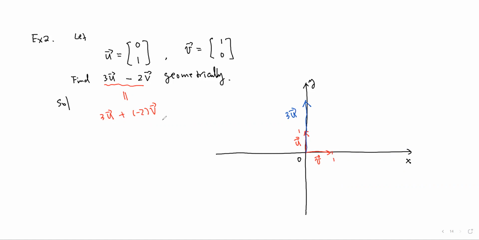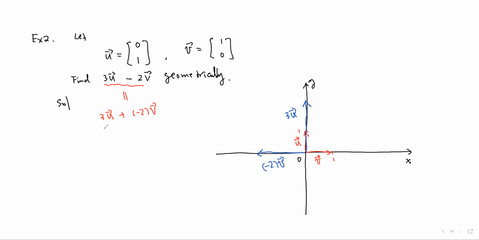For -2 times v, negative, so the direction is opposite, and the length is twice the length of v. So here, 1, 2, about here. Yeah, this vector is -2 times v.